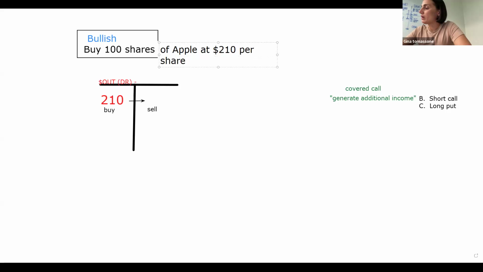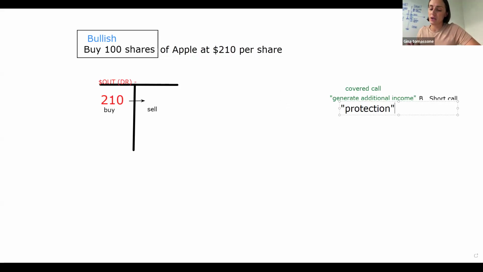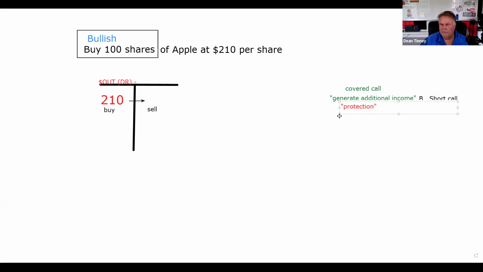You're right on. When you use the word hedge, we do use that word for having the stock, but we have what are called partial hedges and full hedges. If you want protection, you're going to buy the put. I'm going to show that to you next.